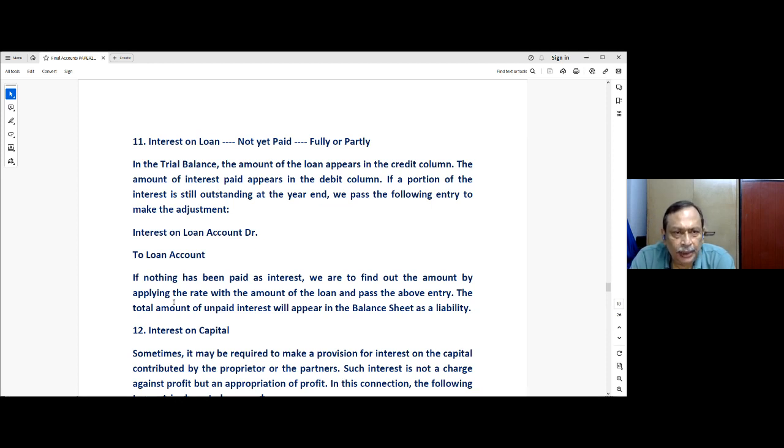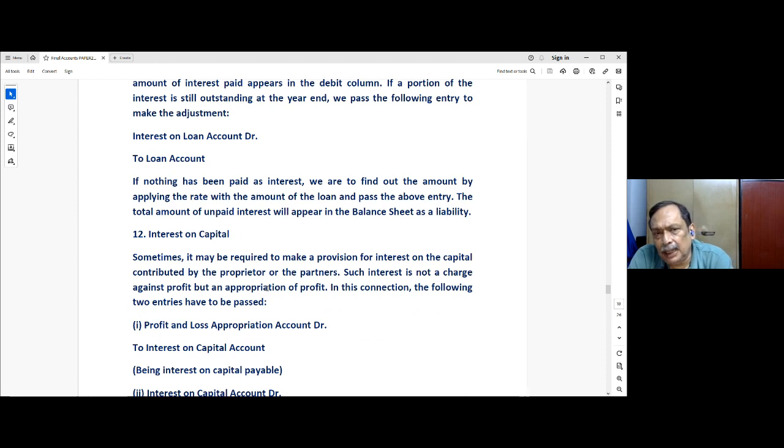If a portion of the interest is still outstanding at the year end, we have to pass a journal entry, and this is an adjustment entry that we are required to pass: interest on loan account debit to loan account. Okay.